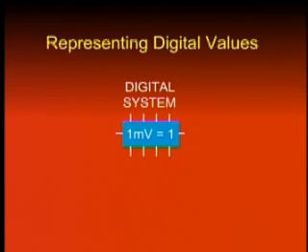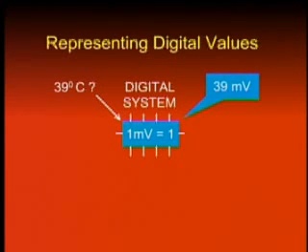Let us assume that the calculator has been internally calibrated to represent the number 1 by 1 millivolt. Thus, a number or temperature value such as 39 is represented by the calculator in terms of a voltage value of 39 millivolts.